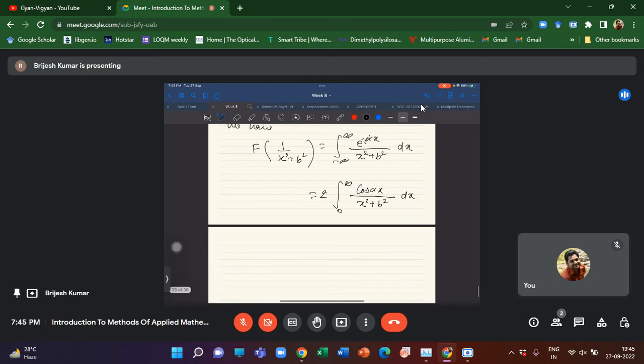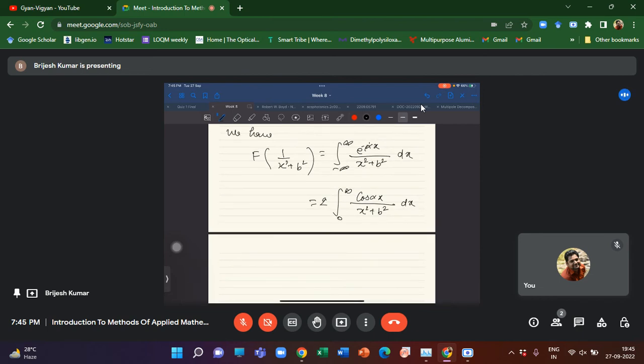So if you solve this integral, it will give 2 times pi by 2 into 1 upon b e to the power minus b alpha. So pi by b e to the power minus b alpha.